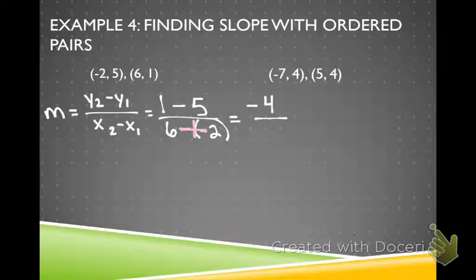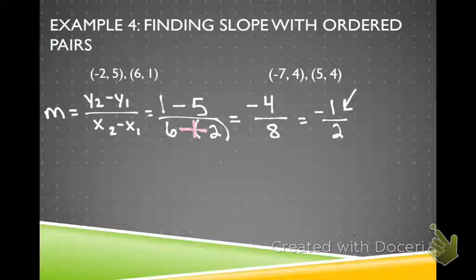Over 6 plus 2 is 8. But is this something that I can reduce? Yeah, it is. I can reduce it to negative 1 over 2. Now, do you know why I put the negative up top? Do you remember what I said earlier? Remember, it's the rise that's negative. Think of it on the graph.